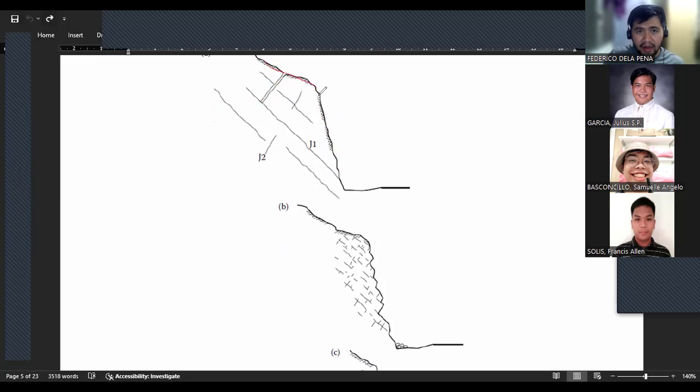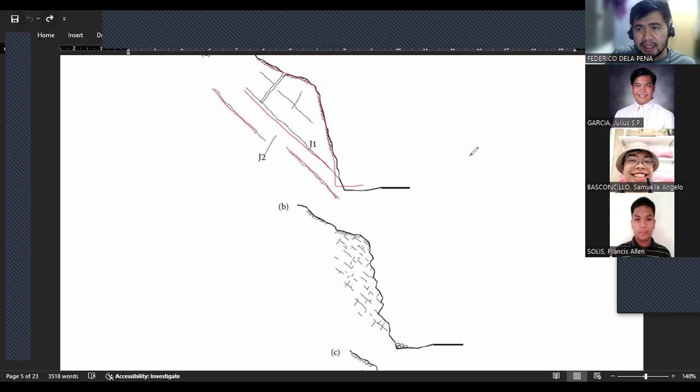If this is the outcrop or the slope cut profile, we normally talk about persistence relative to the height of the outcrop or the slope. From now on, I'll be referring to the outcrop as the rock slope, right? And these are the discontinuities.